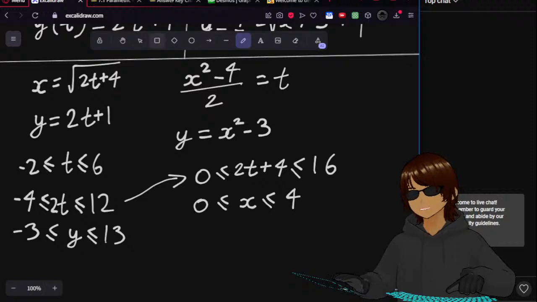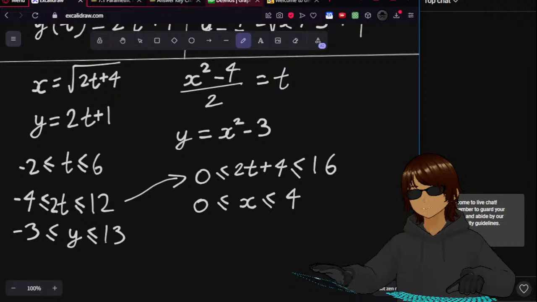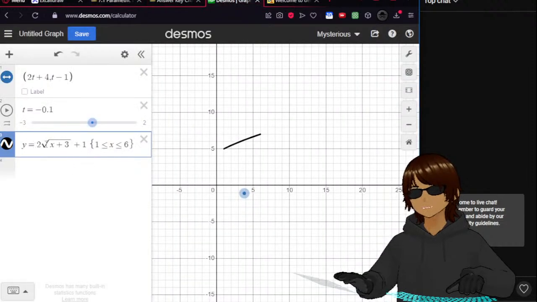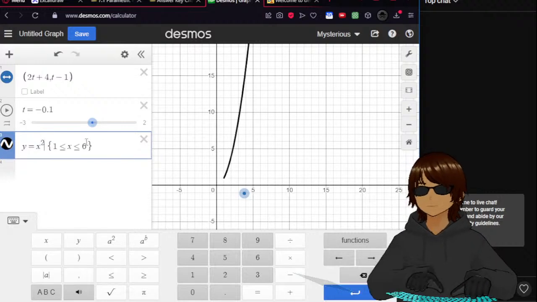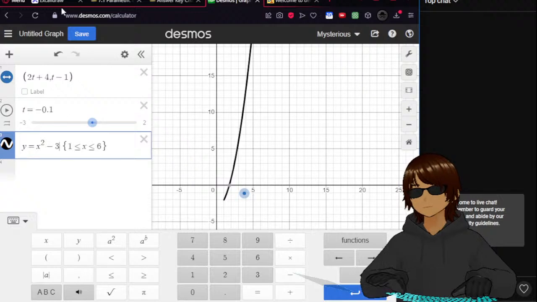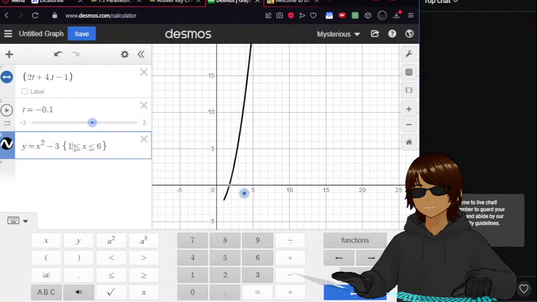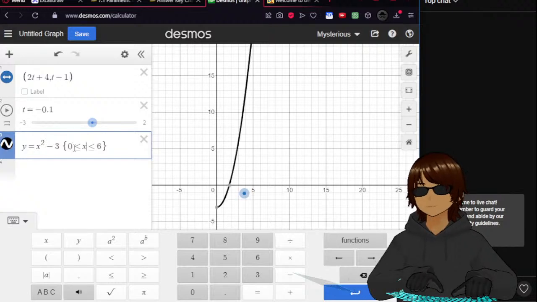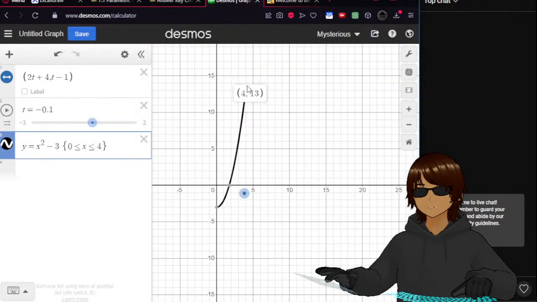So these are the values x and y can take. Y is x squared minus 3. X is from 0 to 4. Y is minus 3 to 13.